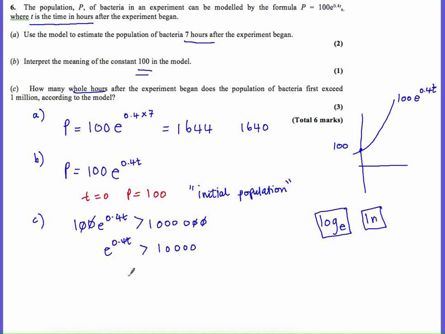So rearranging this in the same way that we do the 2 cubed equals 8 thing, to get log to the base 2 of 8, we can write this one as 0.4t is greater than ln of 10,000. Divide by 0.4, and we get t is bigger than 23.025.